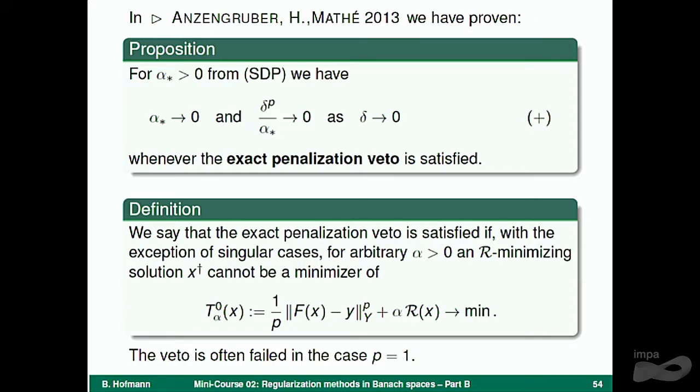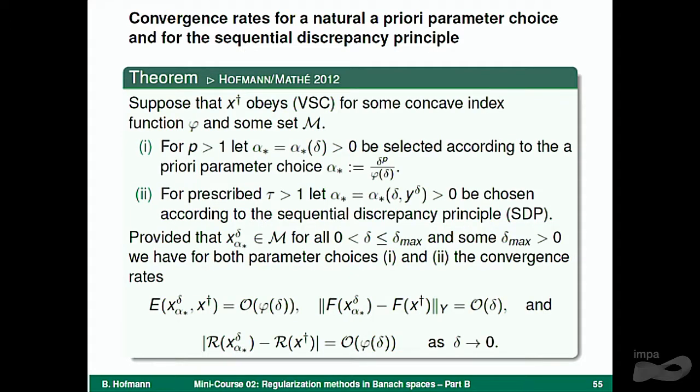But otherwise, for p greater than 1, this veto is always attainable, and with the exception of very extreme situations, you have it. So you see, then it works, and you have at least such a weak convergence situation.